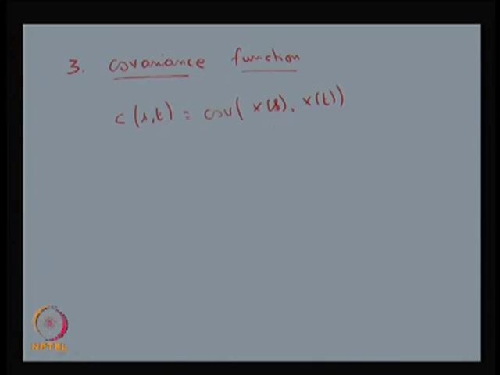So you have taken two points s and t, got the corresponding random variables, and you are finding the covariance of these two random variables. That is nothing but the expectation of X of s, X of t minus the expectation of X of s and the expectation of X of t.